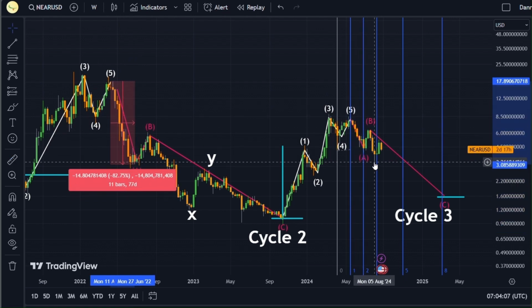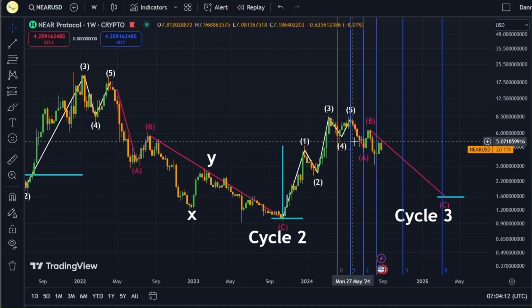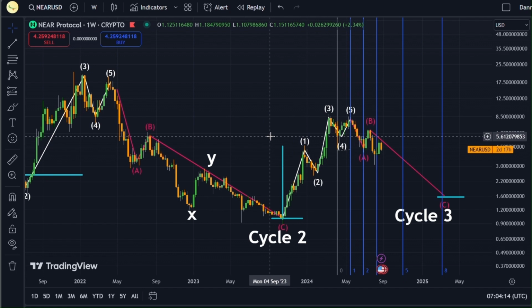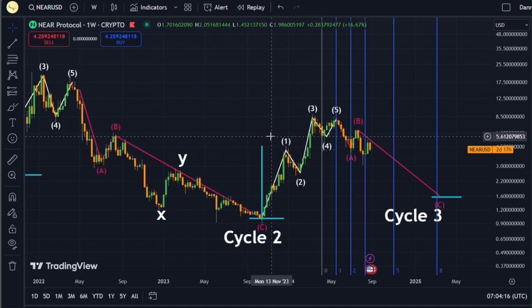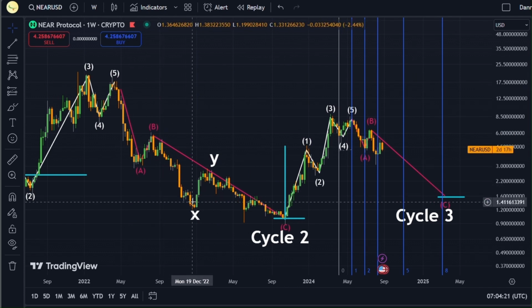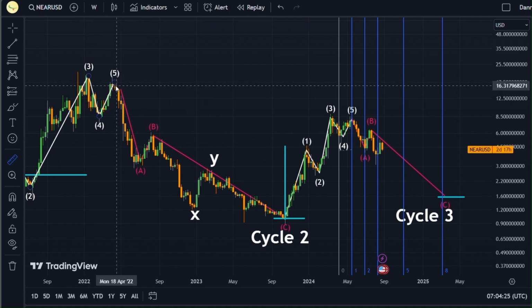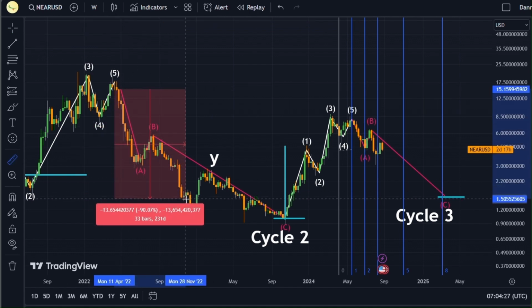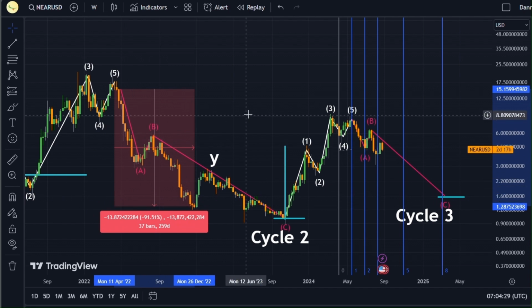And 5 and A in the second cycle is not that large. That means the amplitude is decreasing. Not only the amplitude, the time also decreases. From this point to the X point, we have a time period of approximately 259 or 260 bars, or 260 days, or 37 bars.